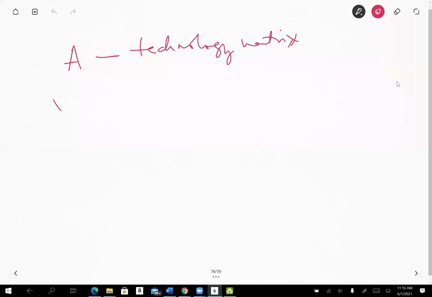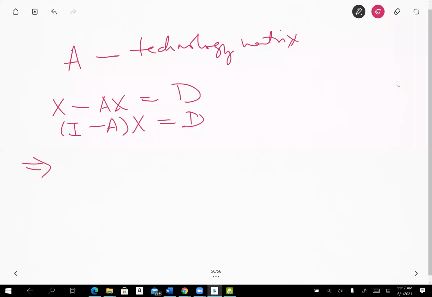So what you got will be X minus AX equal to D. Then you factor out the X. So you got identity matrix minus A times X equal D. And then what you got will be X equal to I minus A inverse multiplied by D.